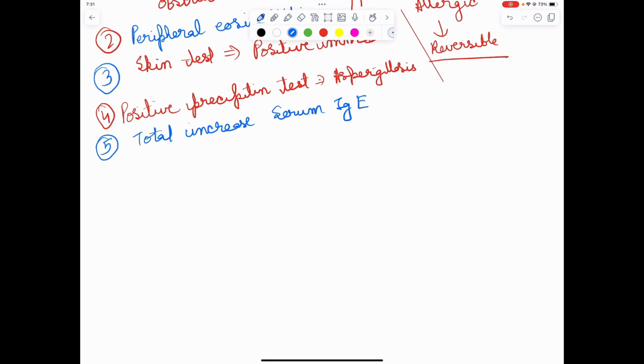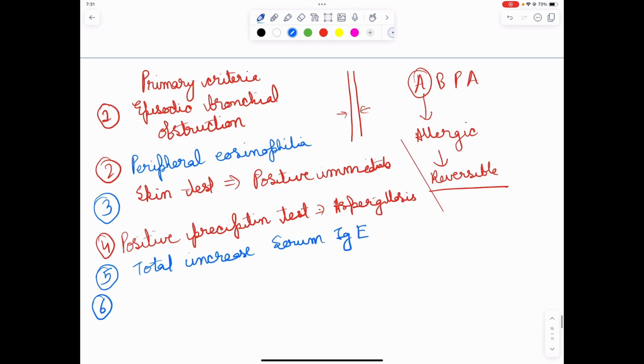Now after that, what we will see is that there is a history of transient or fixed lung infiltrate. What we were seeing till now was only the bronchial part. Now we will see lungs also. You will get a history of infiltrates in the lung.